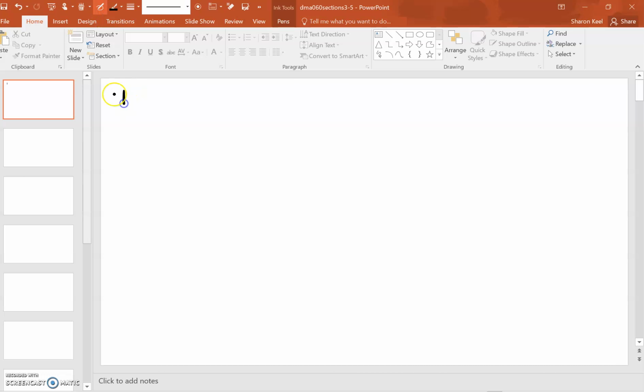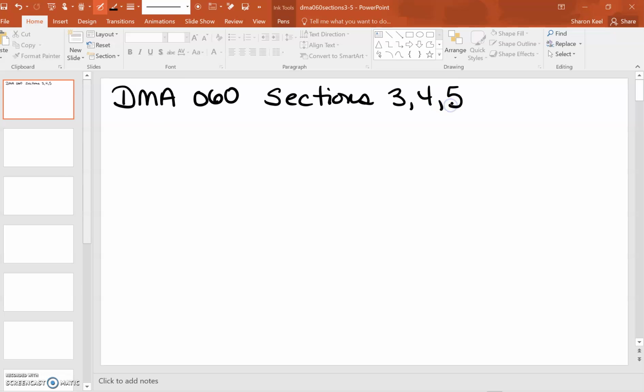Okay, so we are DMA60, and today our goal is to lecture on sections 3, 4, and as much of 5 as we can get into. In section 3, we are talking about polynomials.